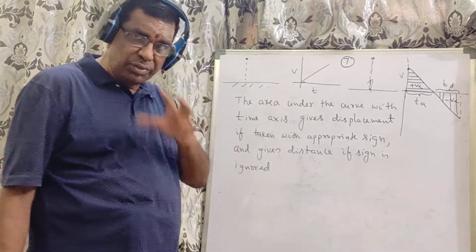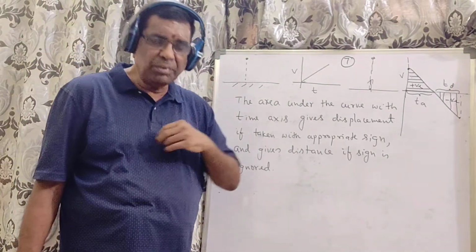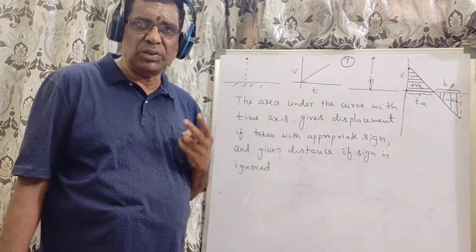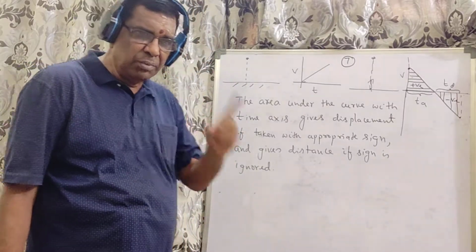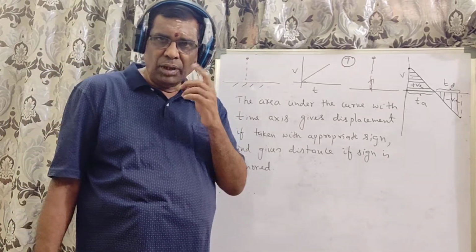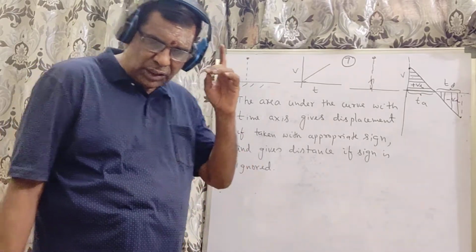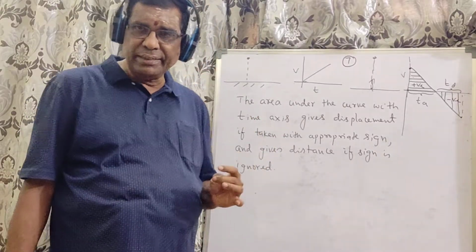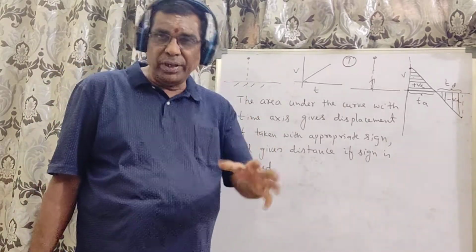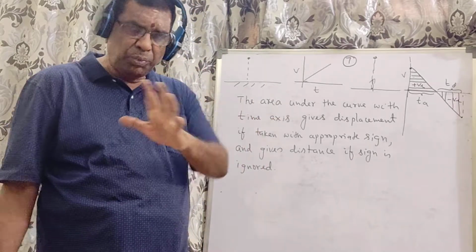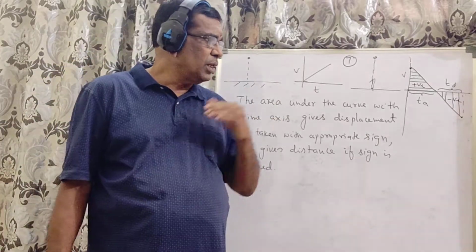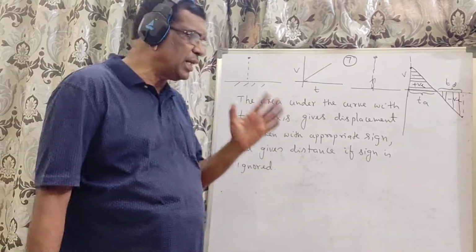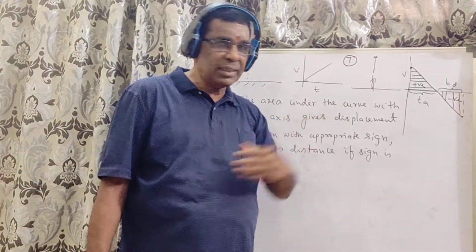In fact, always remember, whenever a graph is given, there are two things that you should be careful about. Number one, the slope. Is the slope zero? Is the slope positive? Is the slope negative? Is the slope variable? These are the points that you have to see in slope. The second, maybe not in all graphs but in most of them, is the area under the curve.